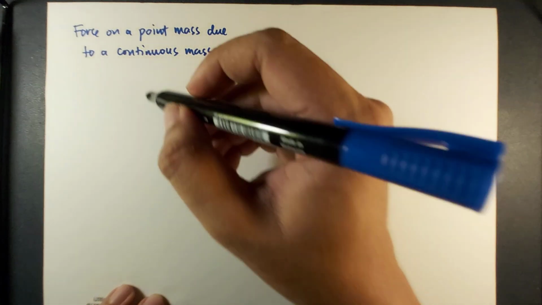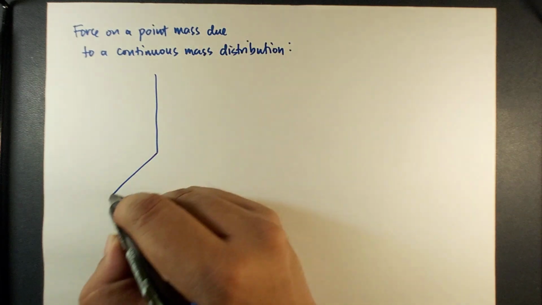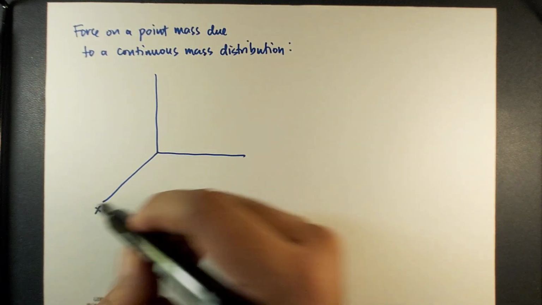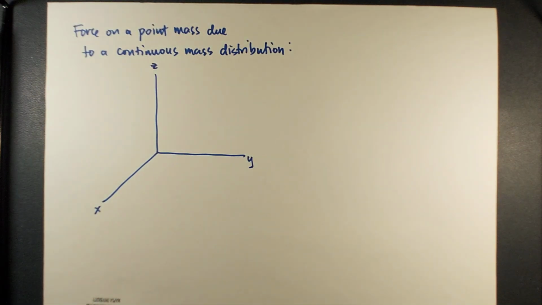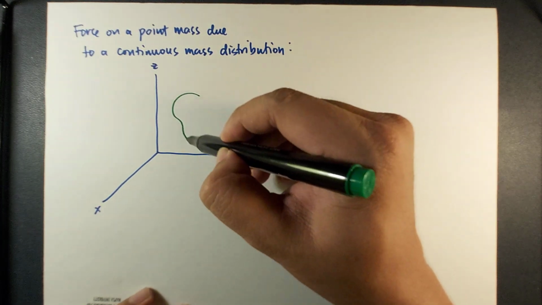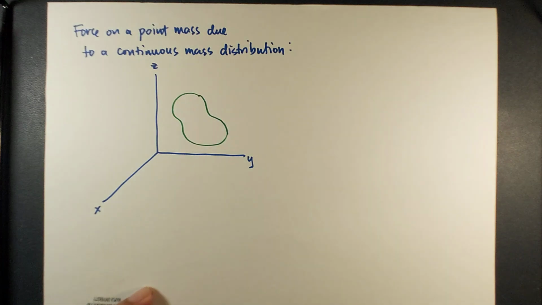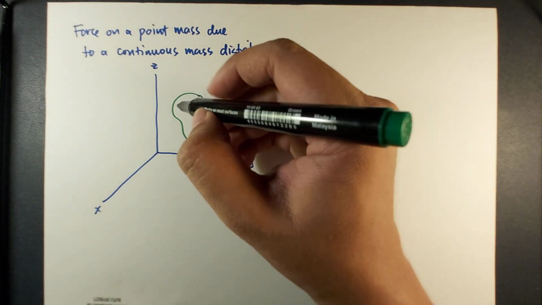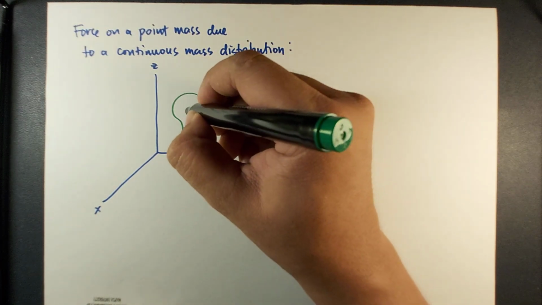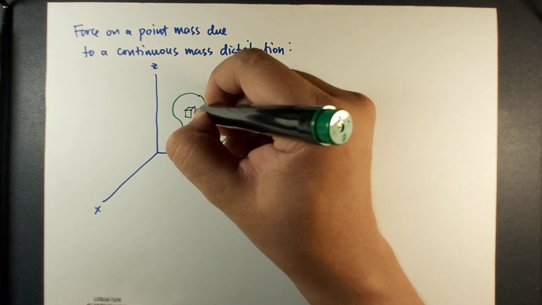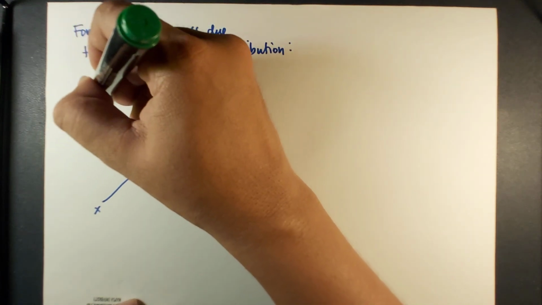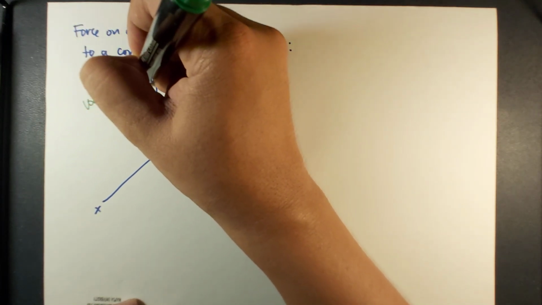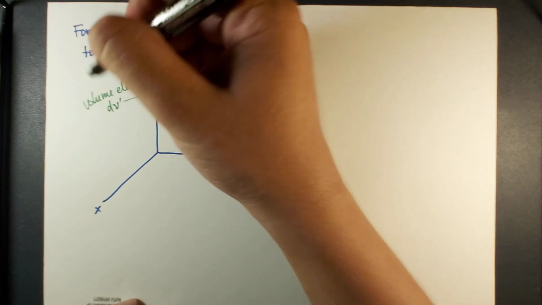Okay, so if we're going to set up our coordinate axis, let's call this x, y, and z. And let's say we have a continuous mass distribution like this. Okay, and this continuous mass distribution can be expressed by this volume element dv prime.